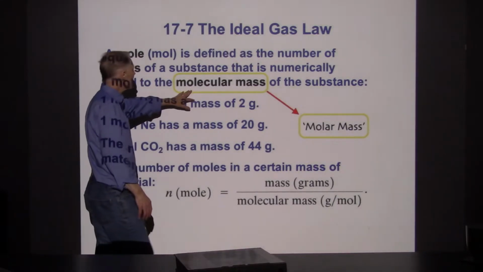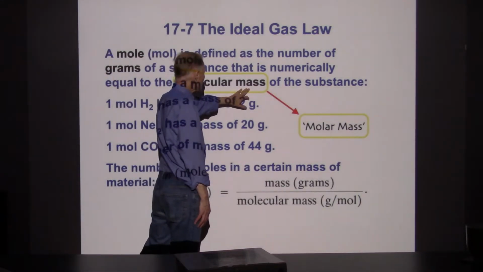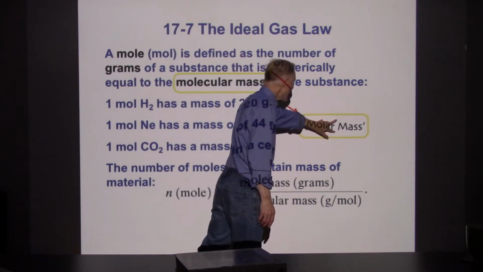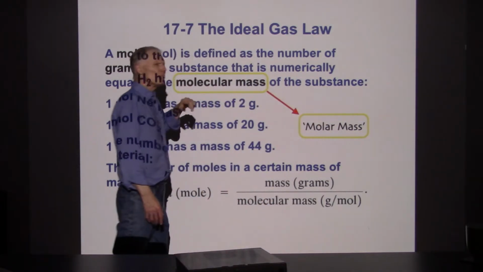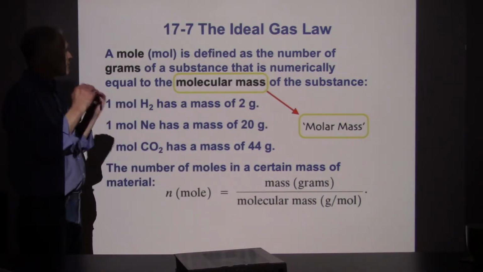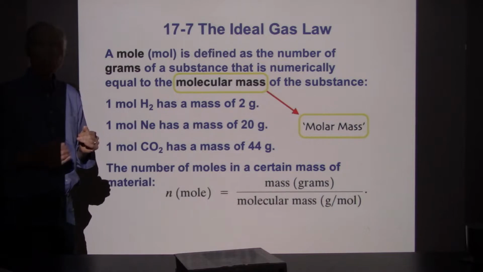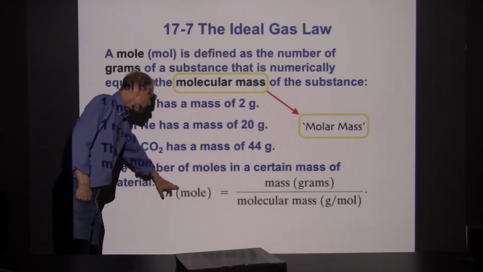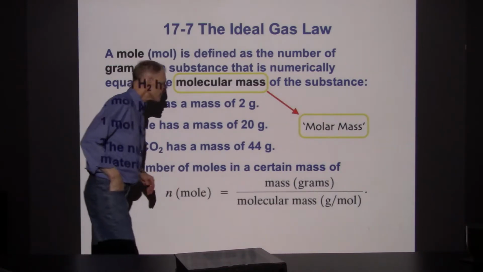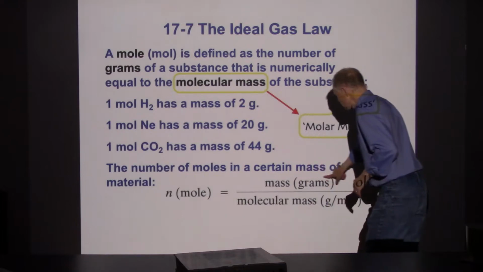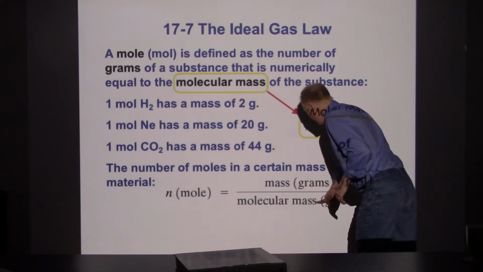Now this introduces the idea of a molecular mass, or what I'm going to refer to as a molar mass. Molecular mass sounds like the mass of a molecule. I want to know what the mass is for an entire mole of the substance. So the number of moles that we have is equal to the mass of the sample divided by the molar mass.